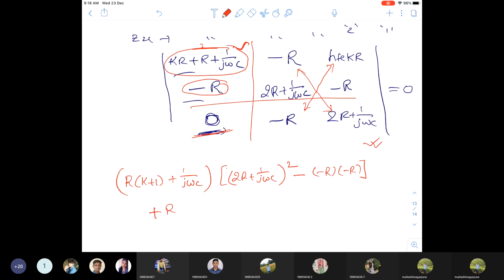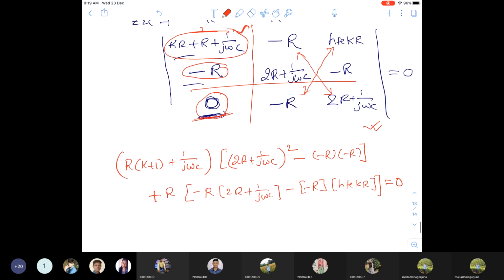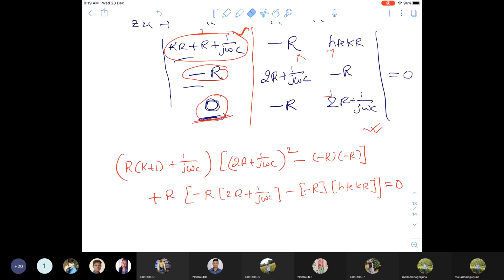Is it clear? So minus R into minus R into (2R plus 1 by j omega C), minus the product of these two, minus R into hfe k R, equal to 0. Anyway, the third term is 0, because 0 into anything is 0, so I'm not taking that part. Like this I calculated.